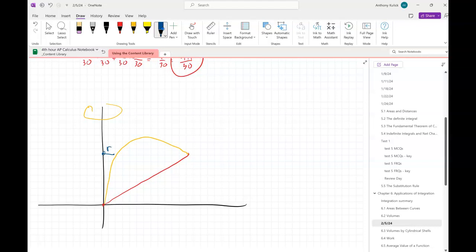So my inner radius is here. Well, let's move it up here. Inner radius is on this curve, and then my outer radius is on the same curve. That's going to be a problem. We're going to see what to do with that next time.